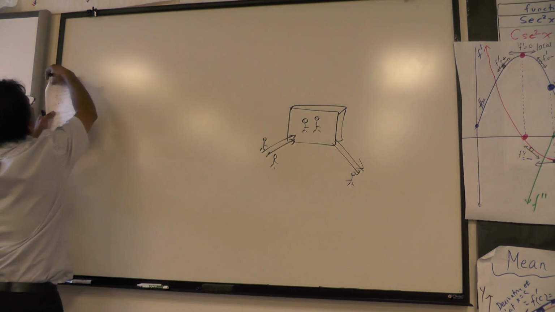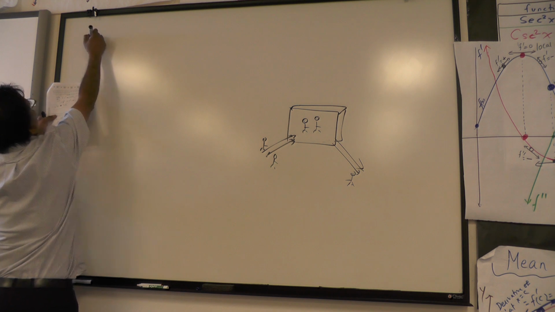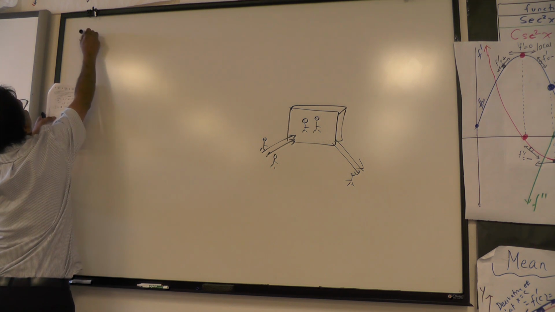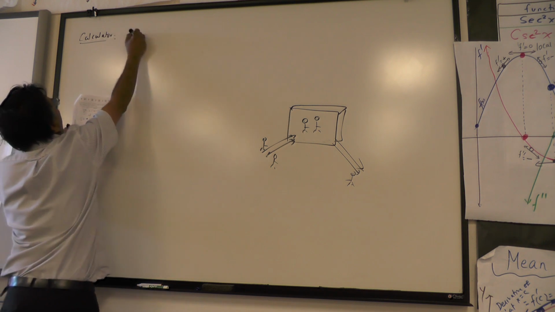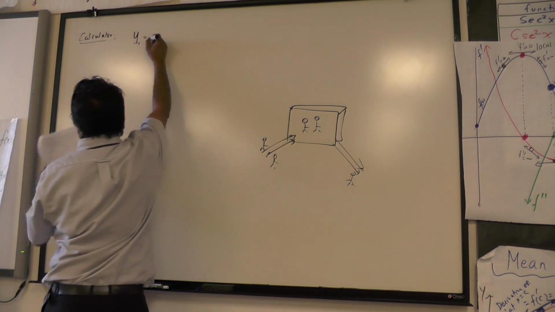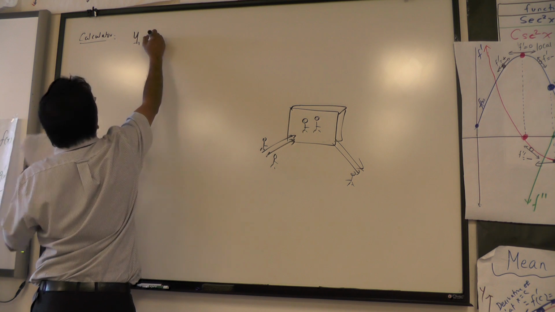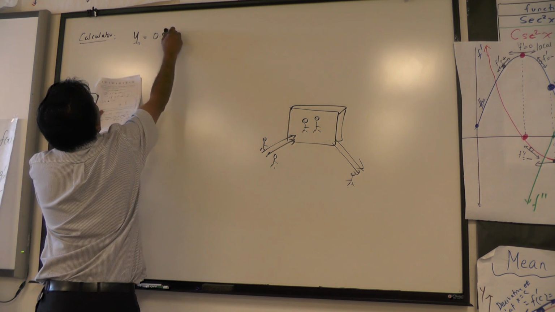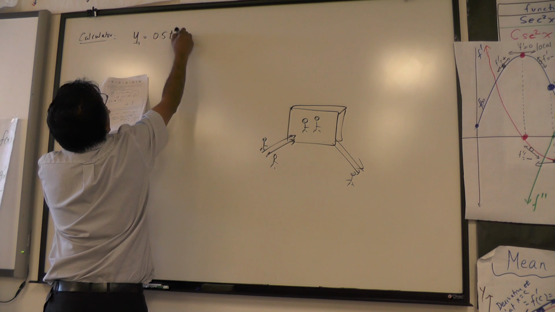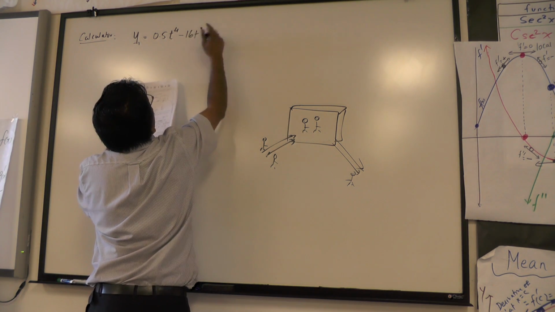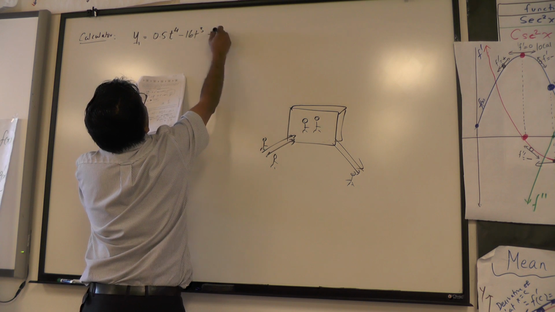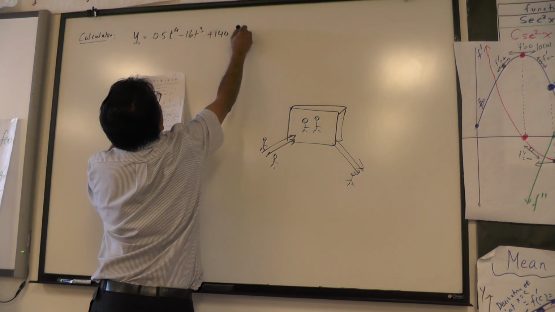To make this problem easy, you need to use a calculator. First of all, before you even solve, please write this in your y1 editor: 0.5 t raised to 4 minus 16 t cube plus 144 t square.